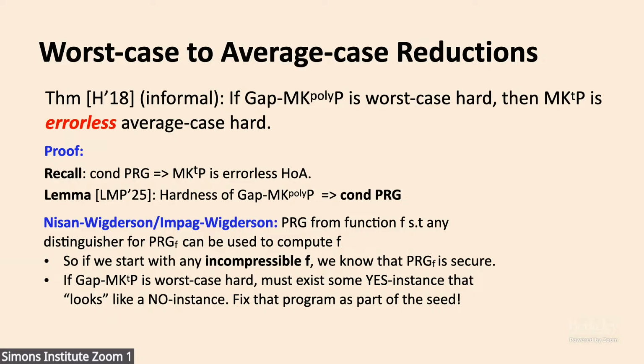So I take a small program as my seed, I run it, I get a truth table, and I apply the Nisan-Wigderson construction using the truth table. Normally you would use something hard to compute, or something random. Here, it's probably not hard, but I'm using an input on which the attacker thinks it is incompressible, and therefore it will be hard to distinguish.